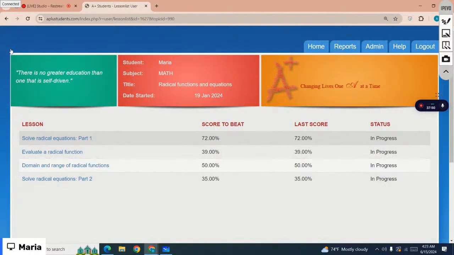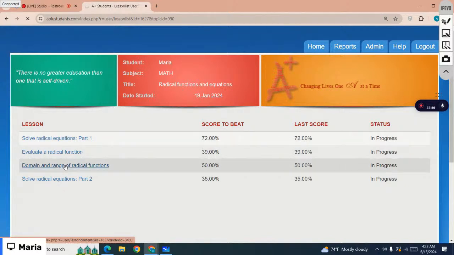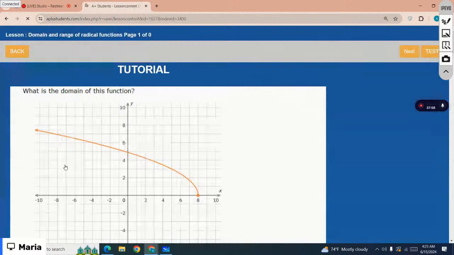The next one is domain and range of radical functions. Let's just start with the lesson. What is the domain of this function?